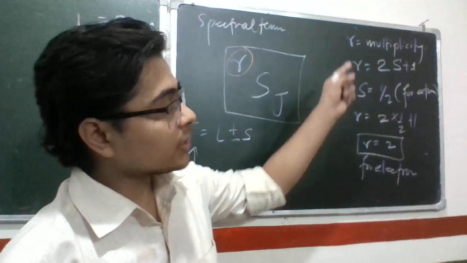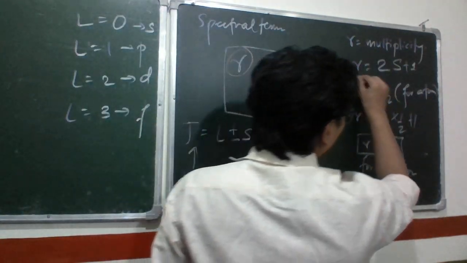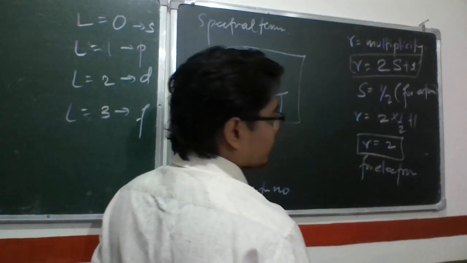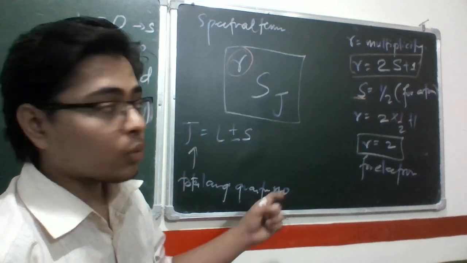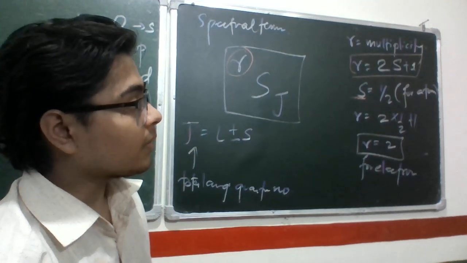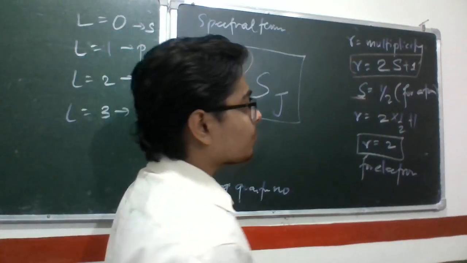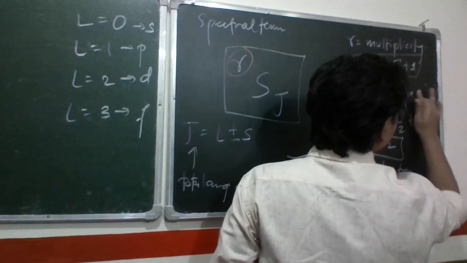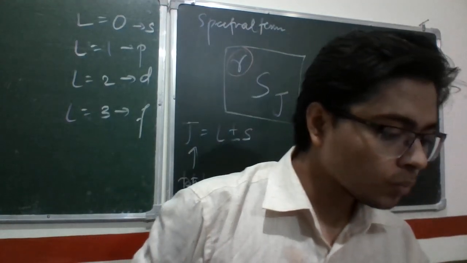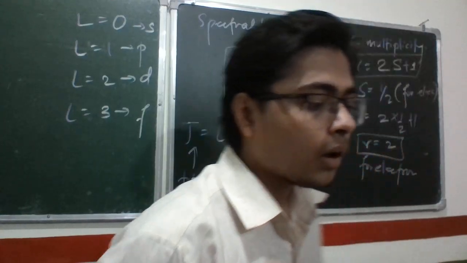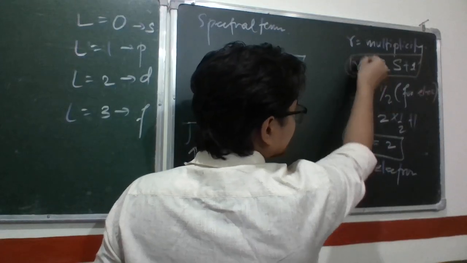The quantity R is called multiplicity, and multiplicity is given by 2S plus 1. S here represents the spin angular quantum number, and the spin for an electron is half. So for an electron, this multiplicity is always 2.